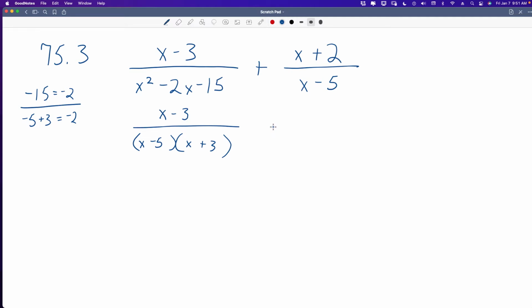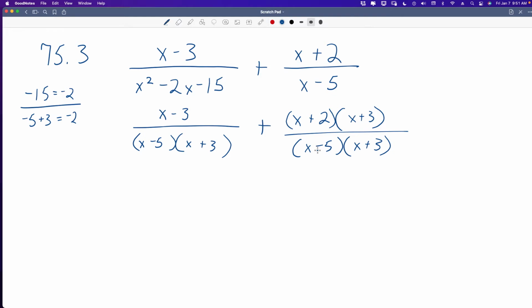It's already x minus 5. So all we really have to do is take the x plus 2, the x plus 3 up here. So we've already got the x minus 5 down here, right?